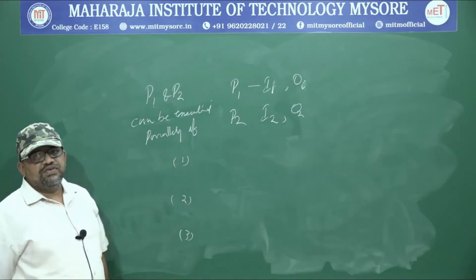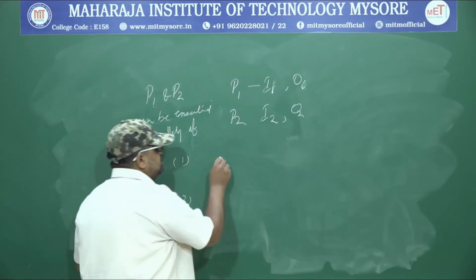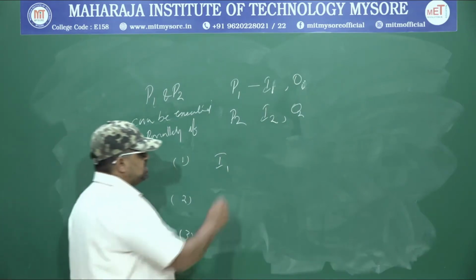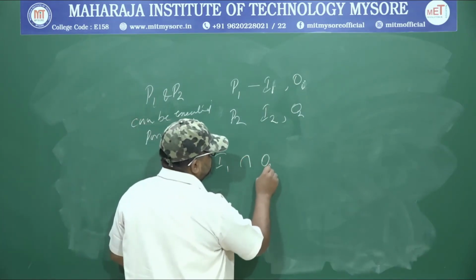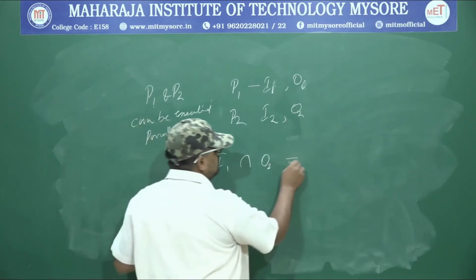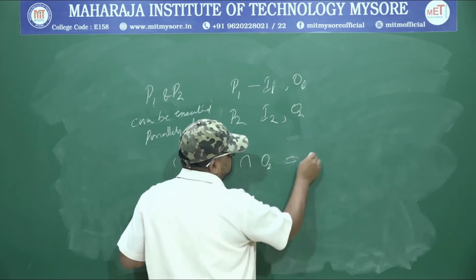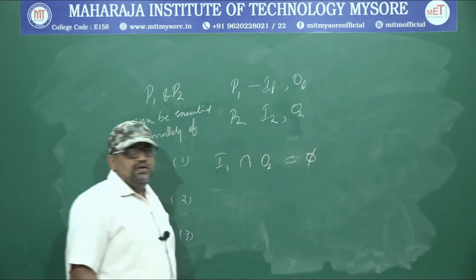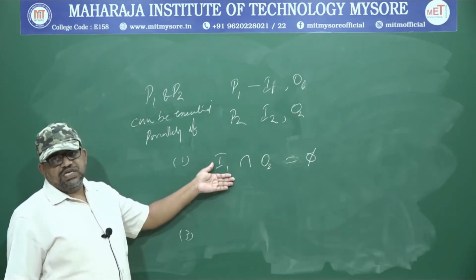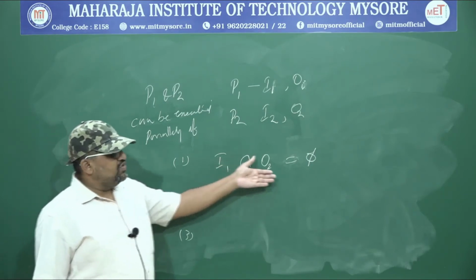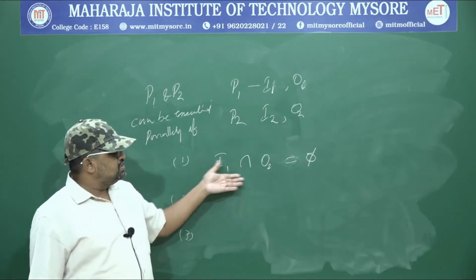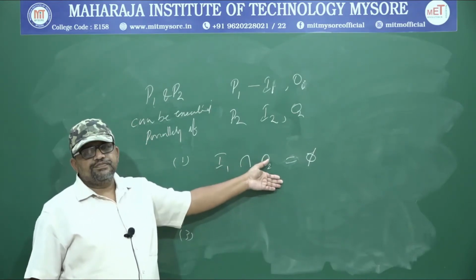Now what is the first condition given? The first condition they have given is input set I1 intersection of output set O2 equals null. There should be no common inputs considered with the outputs that are being generated. The first condition is the inputs and the outputs.